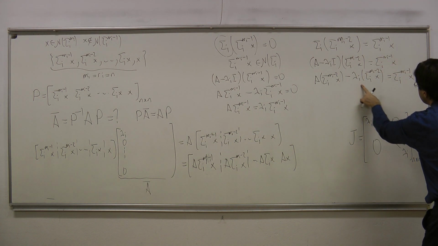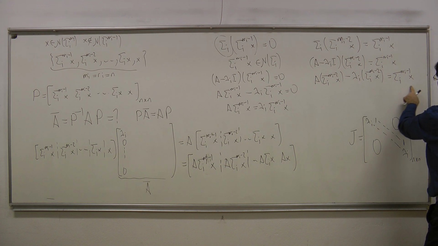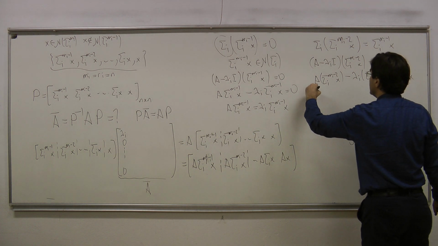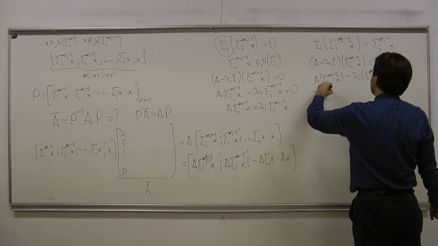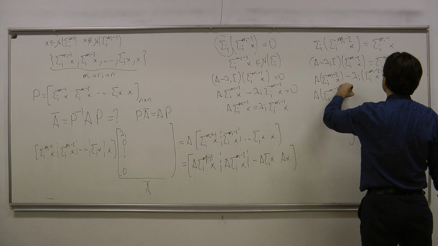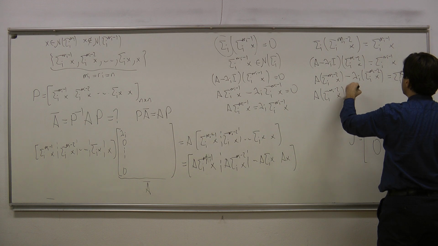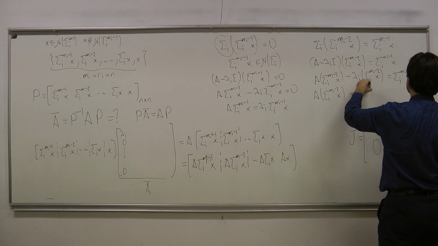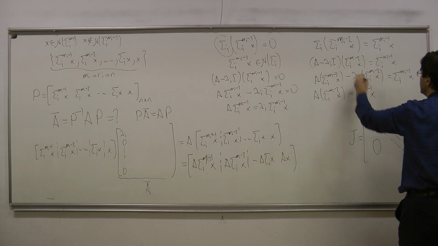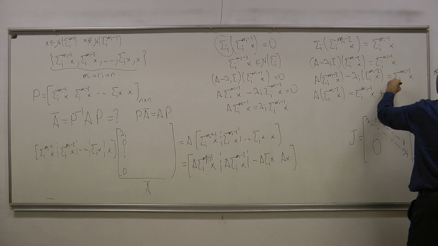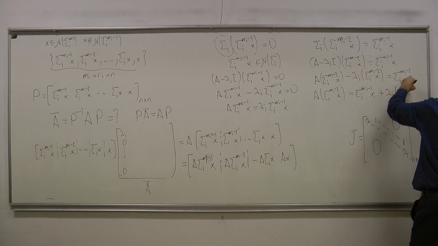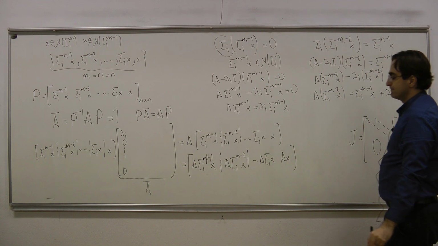Okay? Now take this lambda I multiplicative term to the right. A times sigma I mi minus 2x is the first vector in the chain, plus lambda I sigma I to the mi minus 2x.